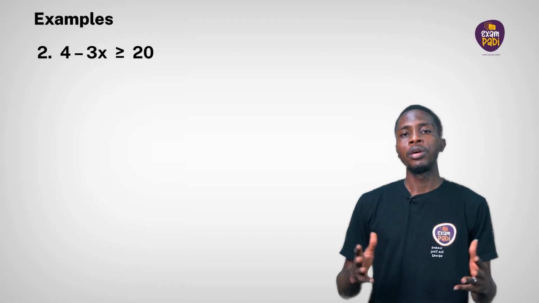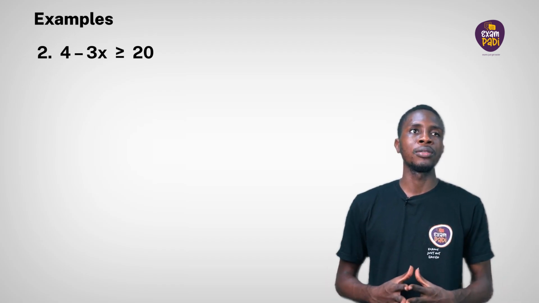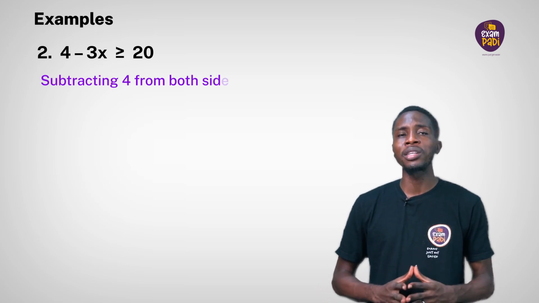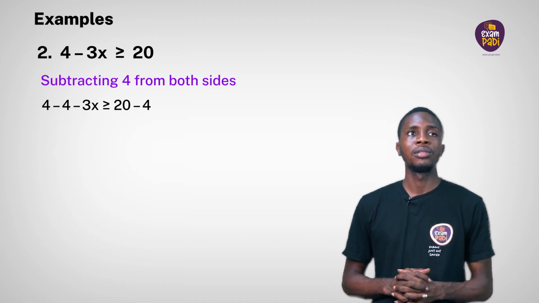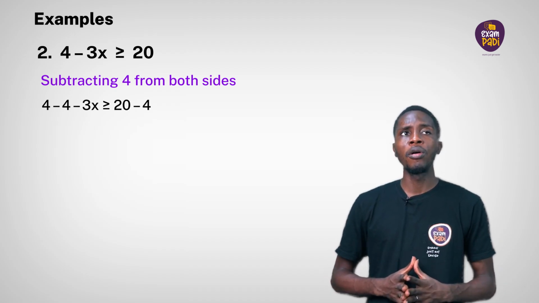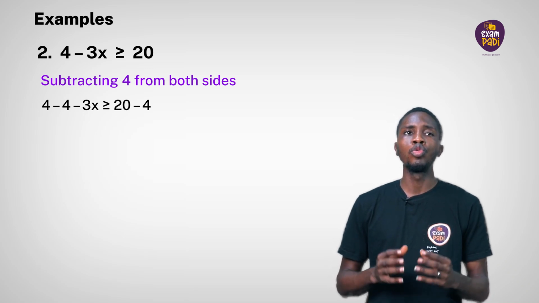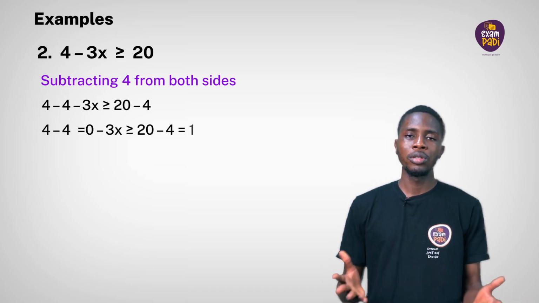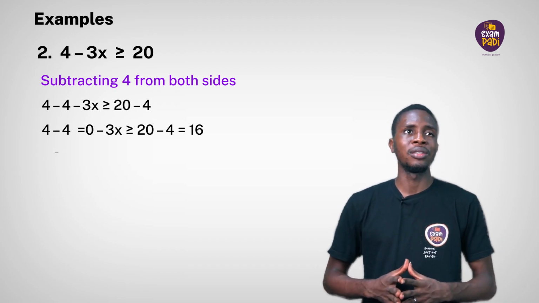2. 4 minus 3x greater than or equal to 20. The solution to this problem begins with subtracting 4 from both sides or collecting like terms. 4 minus 4 minus 3x greater than or equal to 20 minus 4. 4 minus 4, 0. 20 minus 4 gives 16.